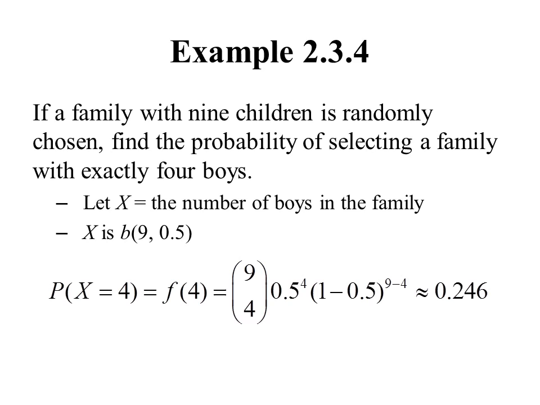Okay. So now once we've identified that, we can easily calculate our probability. We want to know the probability of exactly 4 boys. So we need to calculate f of 4. We plug things into our PMF, and we get our answer of 0.246. So what that means in a practical sense is that about 24.6% of all families with 9 children are going to have exactly 4 boys.